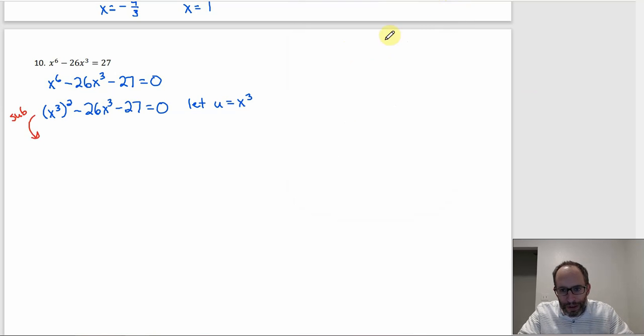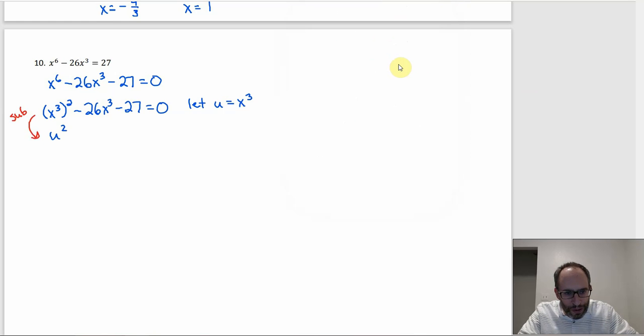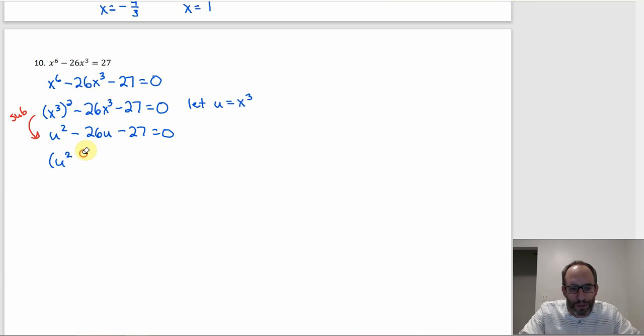After we sub in, we end up with u squared minus 26u minus 27 equals 0. Then we need a pair of factors of -27 that add up to -26. That's not so bad: -27 and 1. So that's u minus 27 times u plus 1 equals 0.